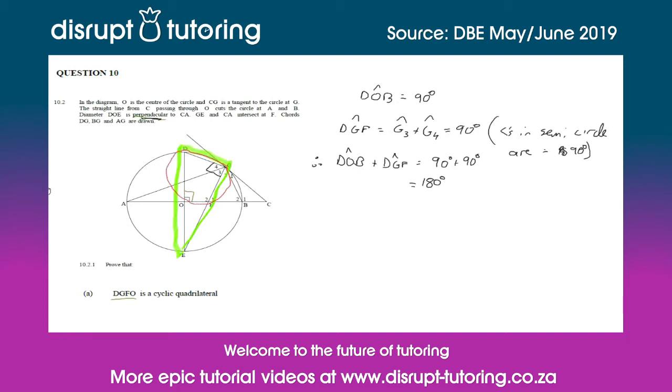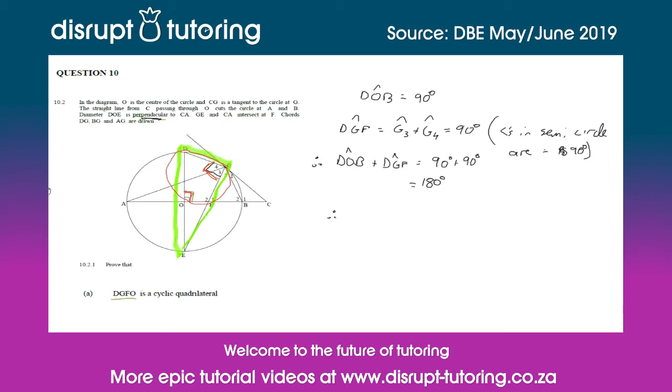We know that the angle of DBO, which is this one, and DGF, which is this one, sum to 180, which means that the theorem, it's a converse of opposite angles of a cyclic quad are equal to 180 degrees.